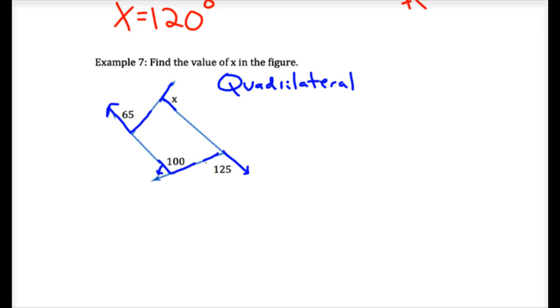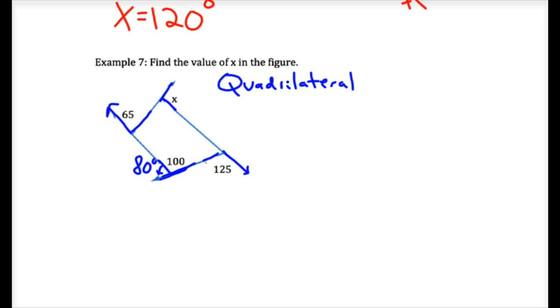Why is it 80? Because it's on a straight line. A straight line equals 180 degrees, so you have to find the supplementary angle. Guys, you have to find that exterior angle first. It is 80 degrees because of the straight angle supplementary fact.